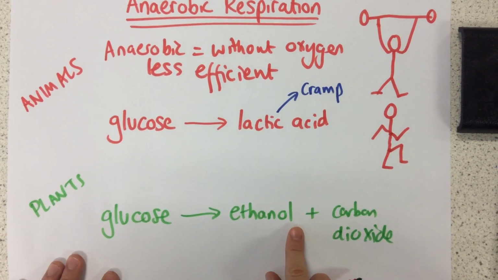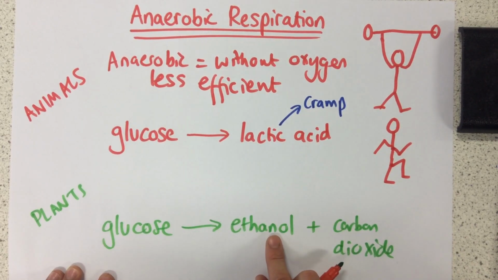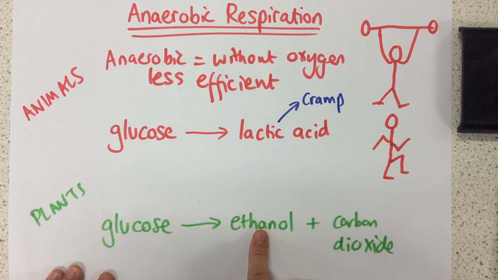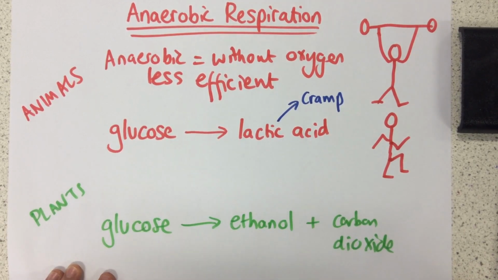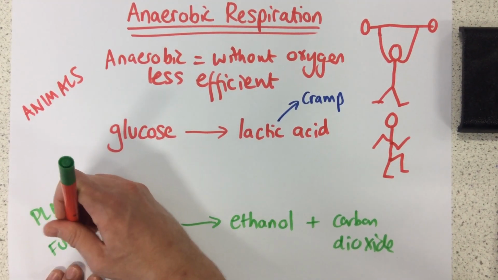Now, ethanol is a type of alcohol, and this process here is actually how fermentation works in order to produce alcohol for consumption. So again, we start off with glucose, anaerobic, so we do not have any oxygen, and we form ethanol and carbon dioxide. This, in fact, can happen in fungi as well.